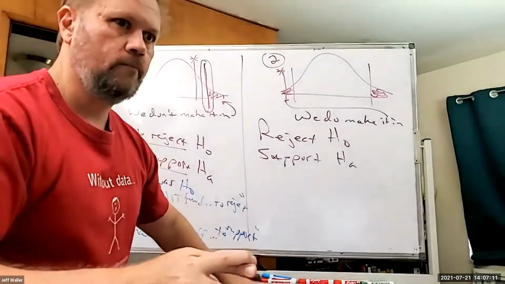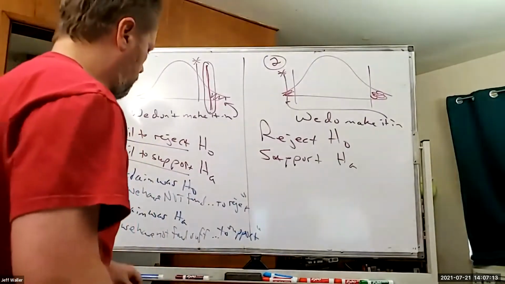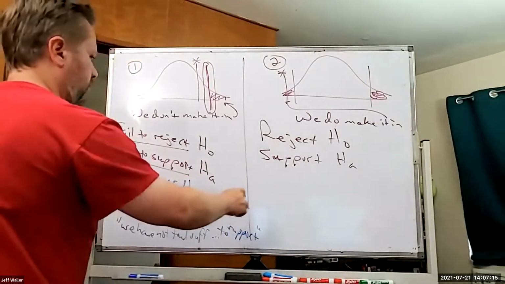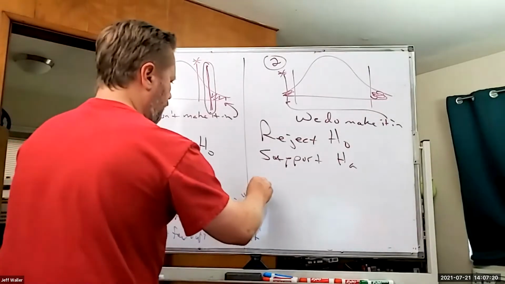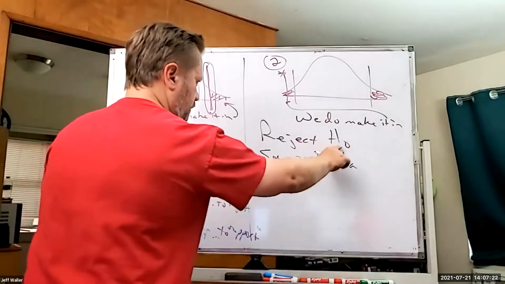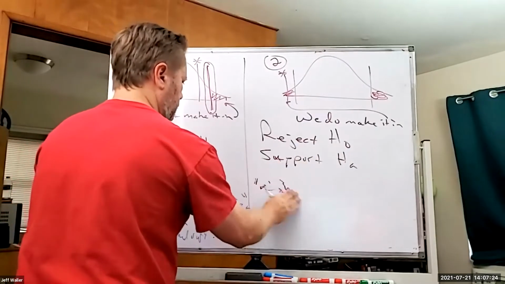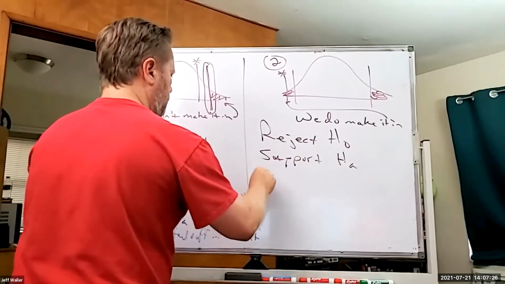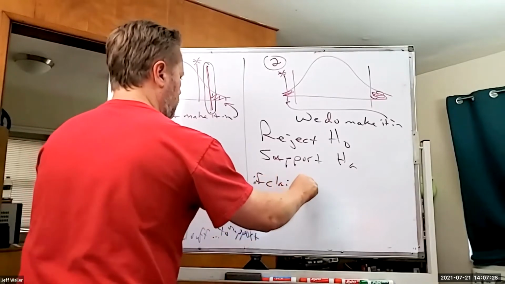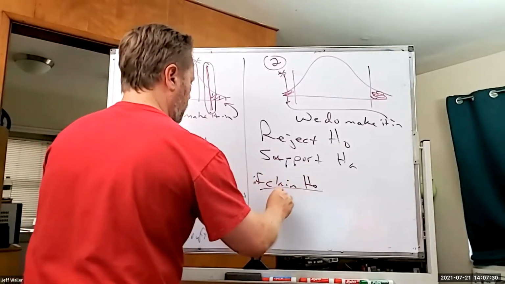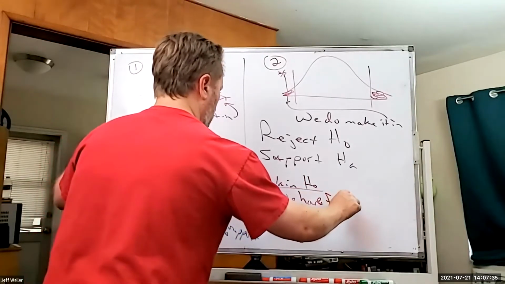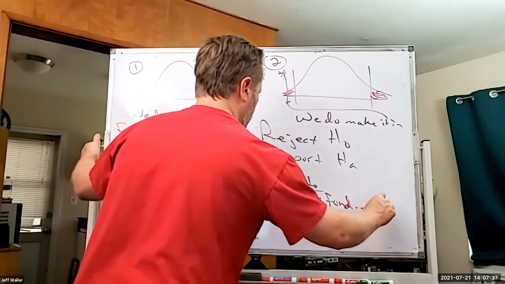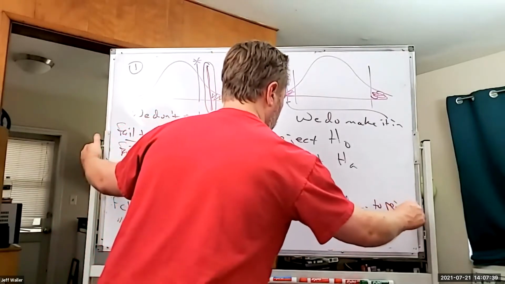Can you go over the wording of the second one too? So this one is we have not found sufficient evidence to reject. This would be we have found. If the claim was H0, then we would say we have found sufficient evidence to reject, right?